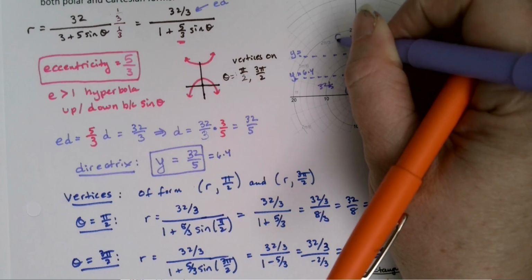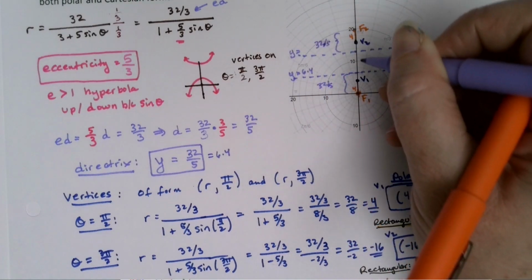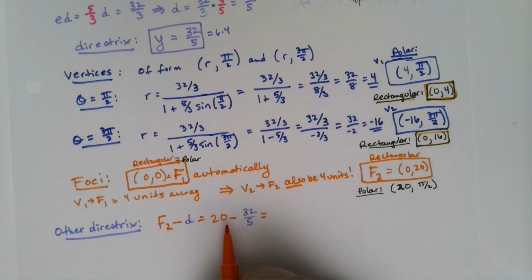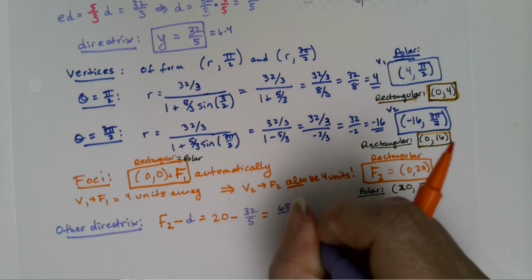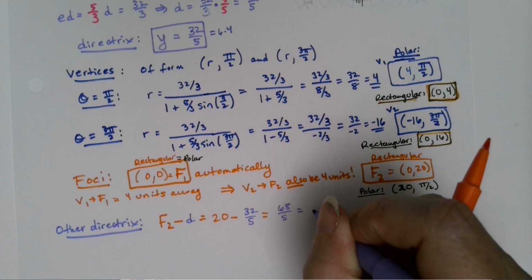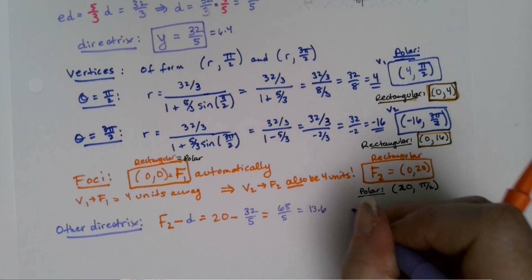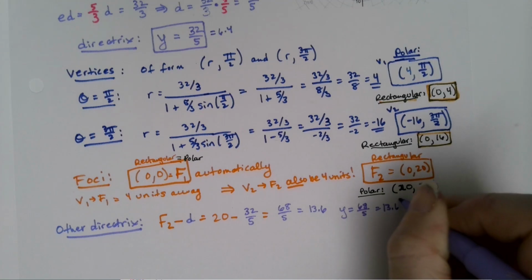So I'm taking the 20 and subtracting 32 over 5 to get here. So 20 take away 32 over 5. Well, 20 is 100 over 5. 100 take away 32 over 5 would be 68 over 5, which is about 13.6, which is about where it looks like it is on the graph. So there's your other directrix: y equals 68 over 5, or 13.6.